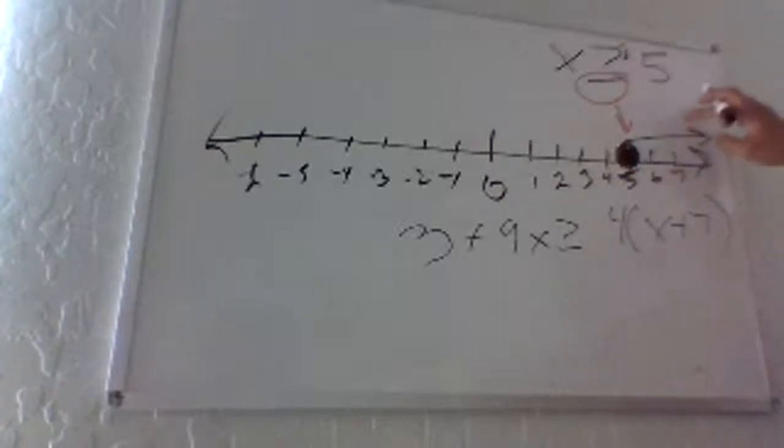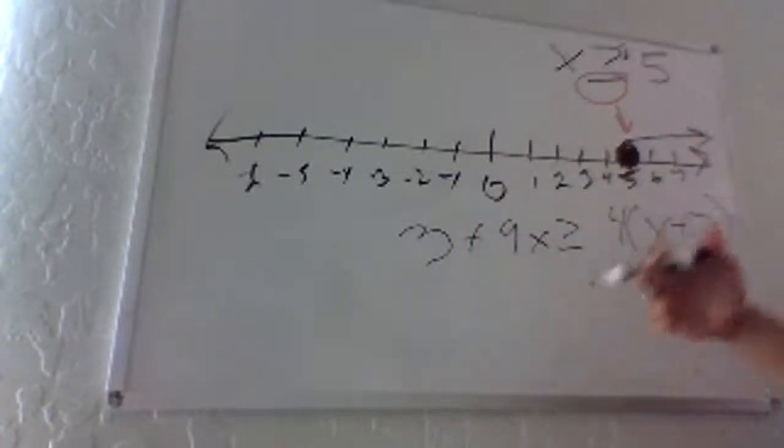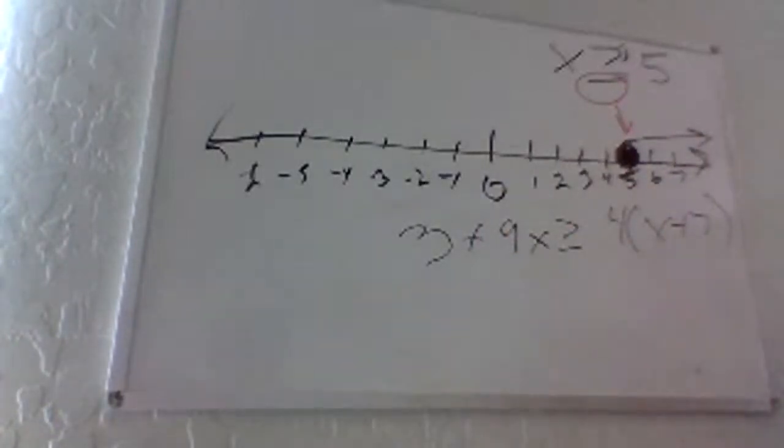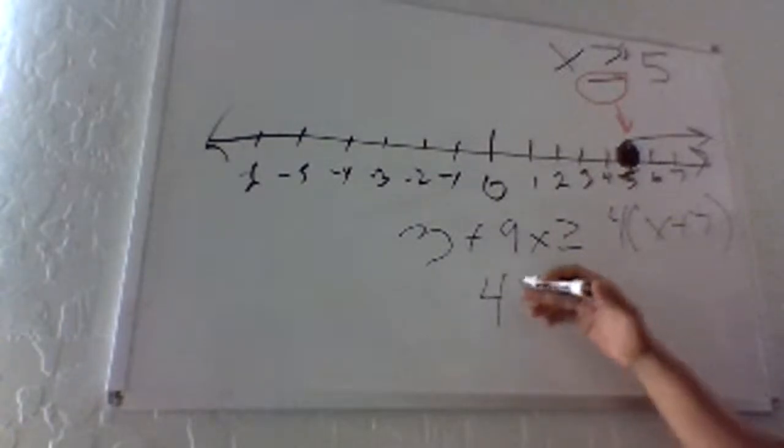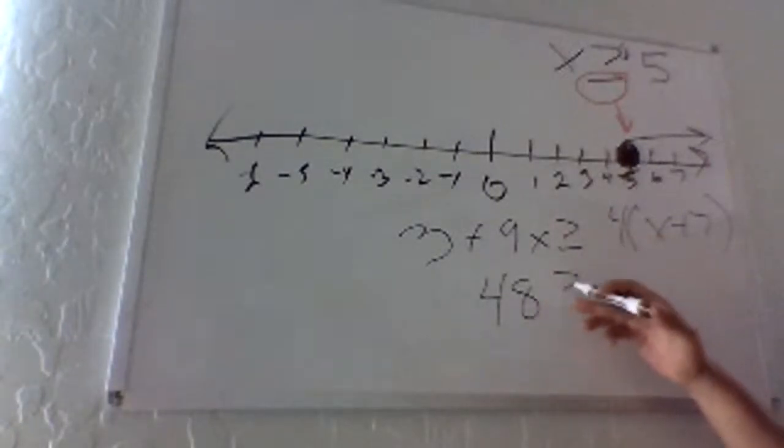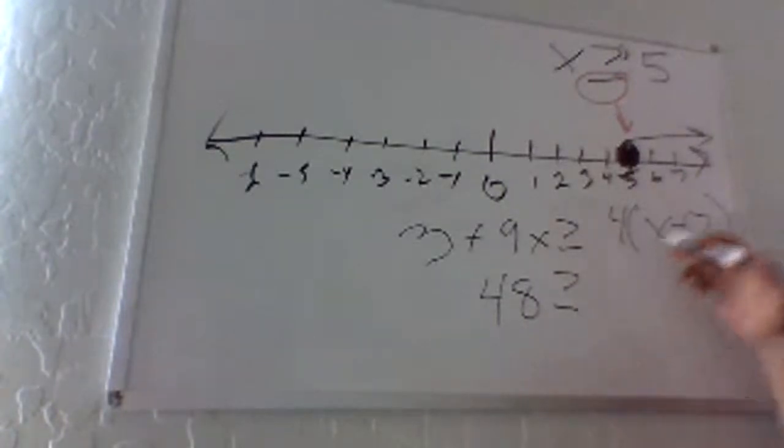So what this is saying is that 5 will make this true. Well, let's see. What's 9 times 5? 45. Plus 3? That's 48. So this has to be less than, I'm sorry, greater than or equal to all of this.